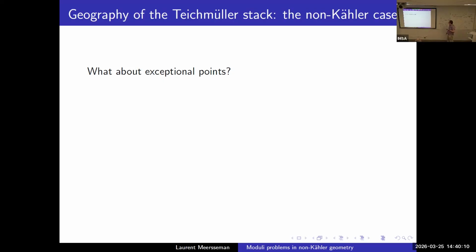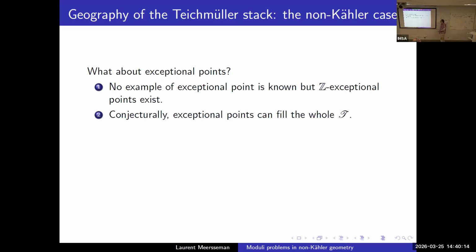I have two results, in fact, and the most annoying point is that I don't know of any example. But still there is hope, because I have an example of the exceptional. So let me explain that.